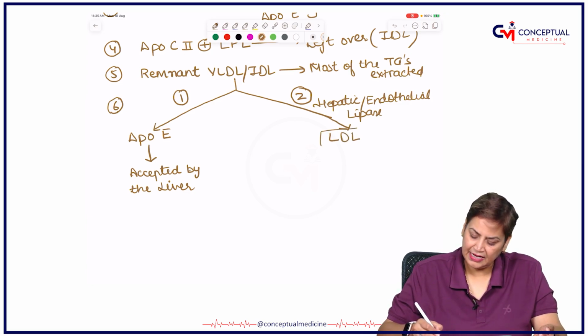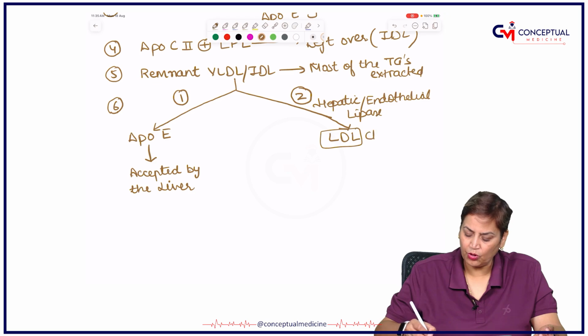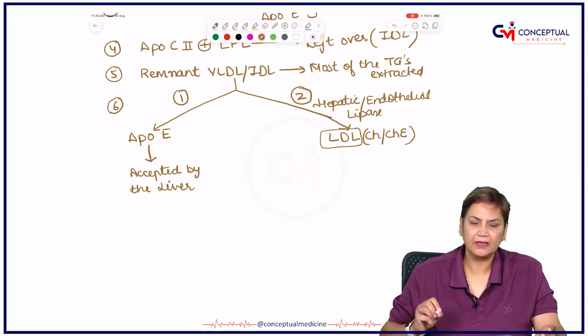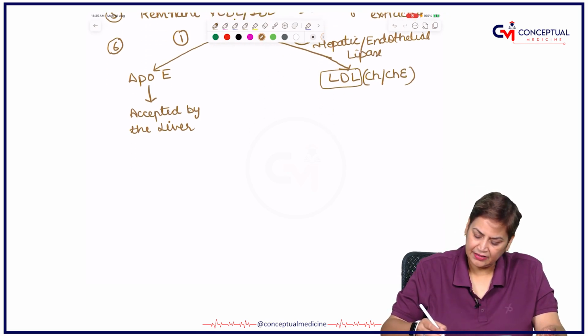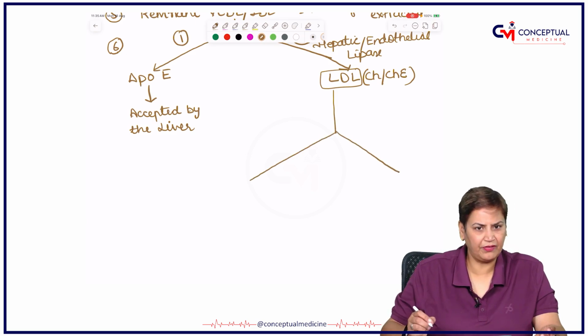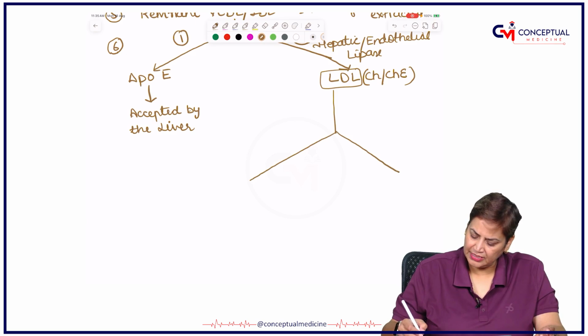And this LDL has more cholesterol and cholesterol esters. Right. And this LDL again has two different fates. I would say 70% I will write here and 30% I will write here.